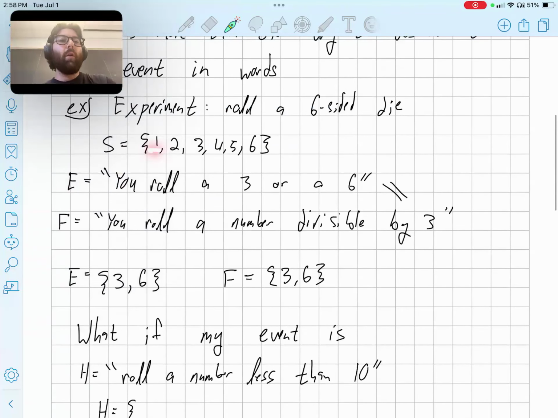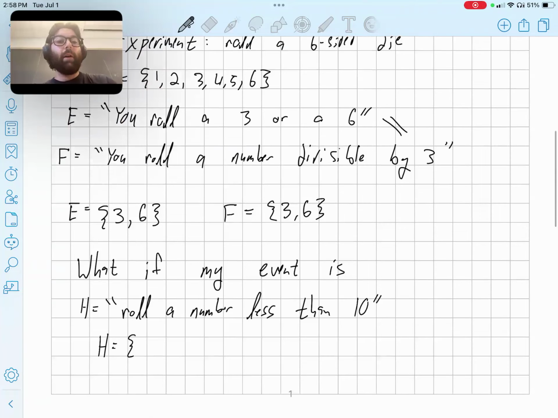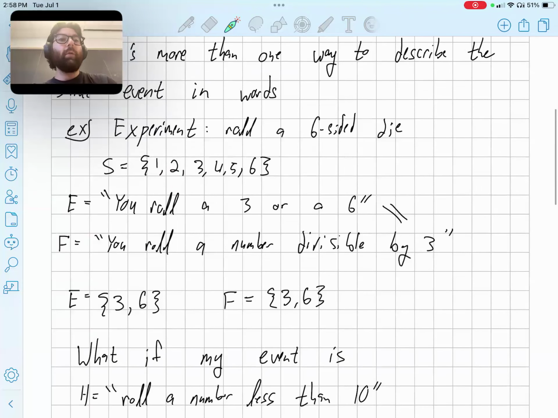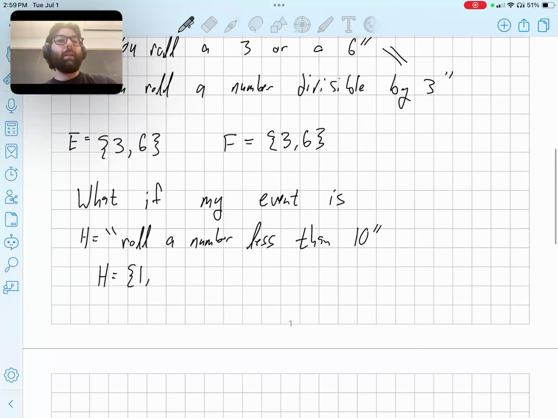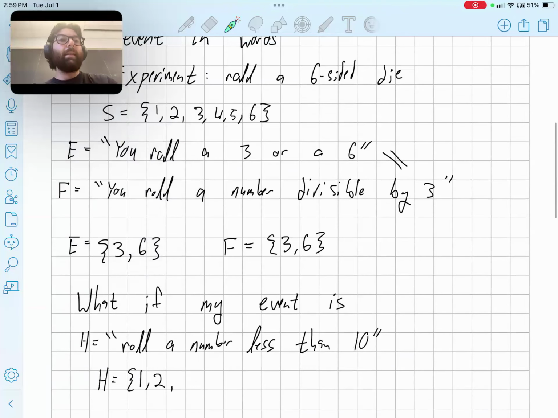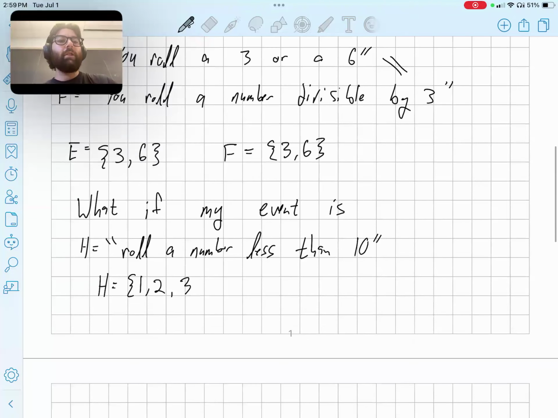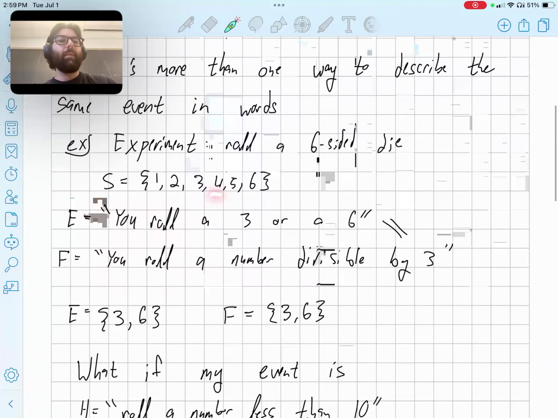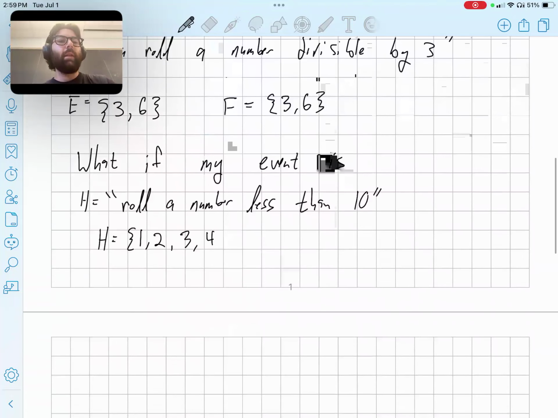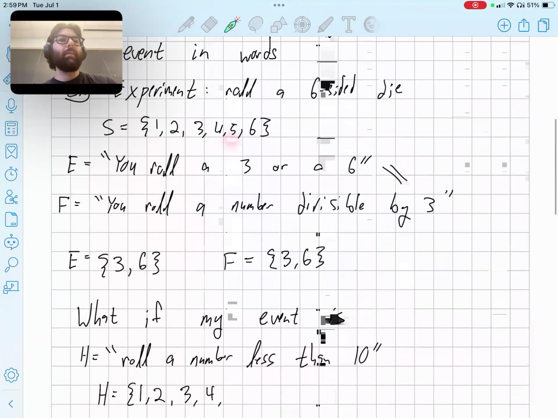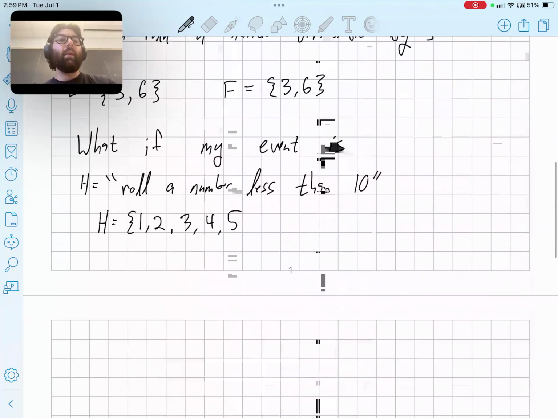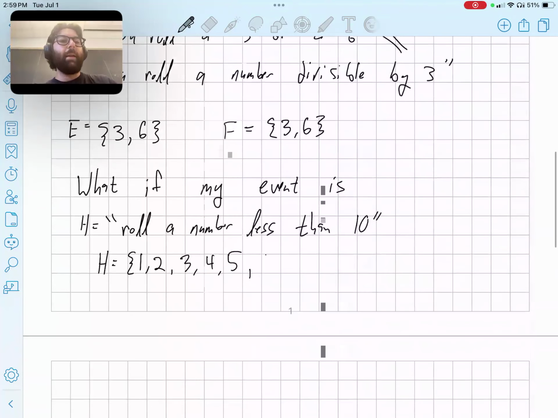Well, let's go through. 1 is less than 10, so I'll include it in H. 2, 3, 4, and 5 are all less than 10, so I include them in H, and 6 is less than 10, so I include it in H. So H is the same as our sample space, because every possible number is less than 10.